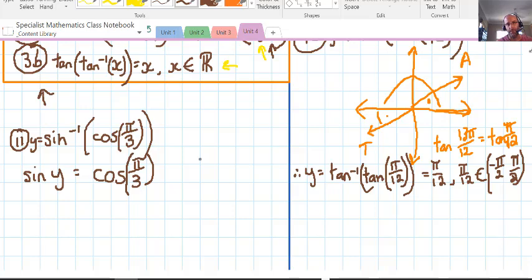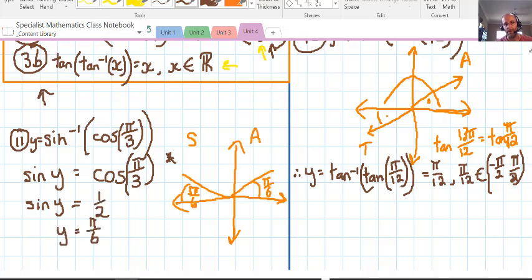So we do a direct approach firstly. Let's put an asterisk there, because that's where the two different methods vary. So for method 1, we could say sine of y equals cos of pi on 3, which equals a half. Now for that, we have two solutions, y equals pi on 6, but also 5 pi on 6, because in the second quadrant sines are positive, and that will yield positive 1/2.